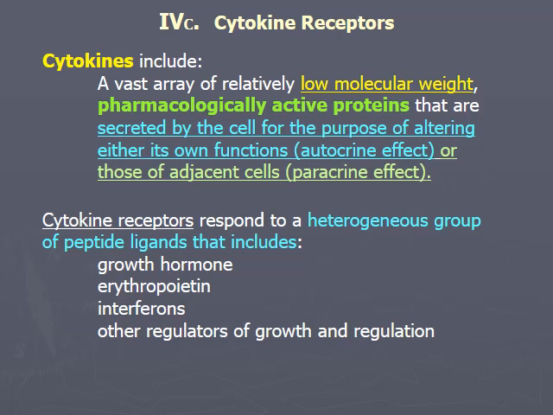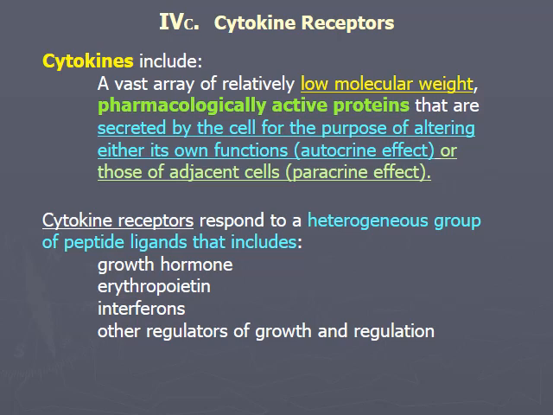Now we know that many cytokines activate immune cells, cells of the bone marrow, and so on. And so what is it about cytokines? Well, these are low molecular weight, pharmacologically active proteins, and they're secreted from a cell to act in the local environment.